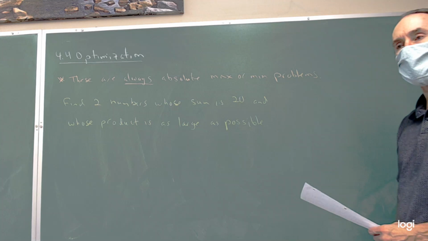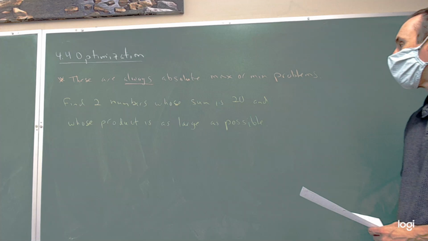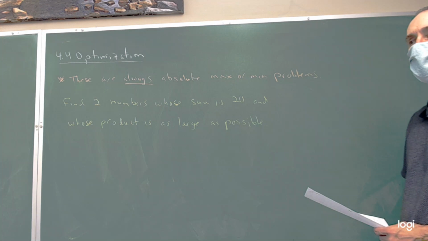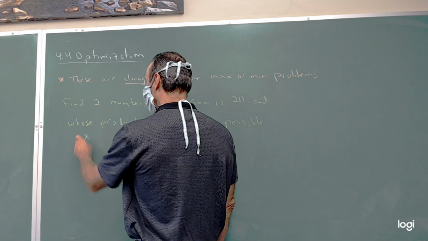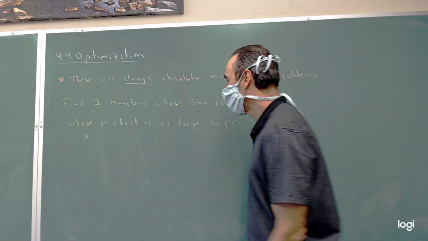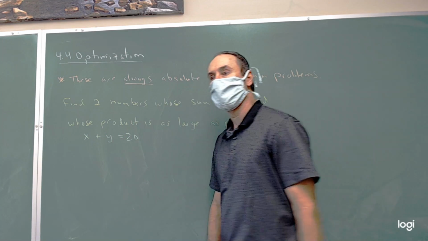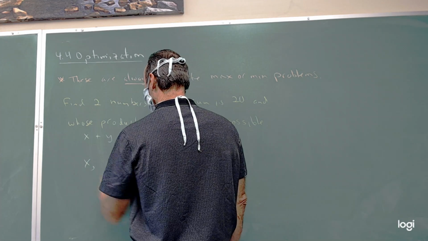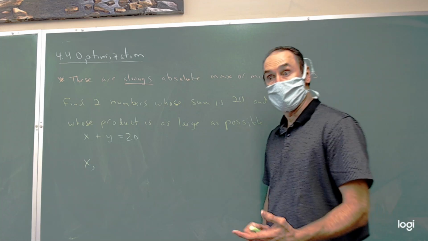I'm open to suggestion. So if one number is x, what's the other number? Y. So then x plus y must be 20, right? So if one number is x, what's the y equal to? 20 minus x.